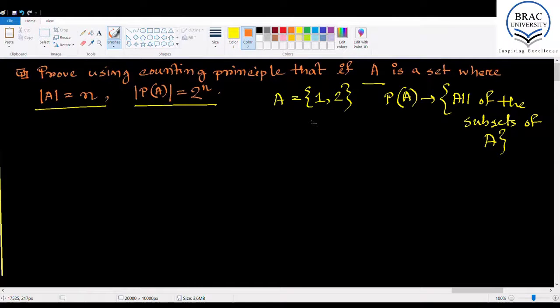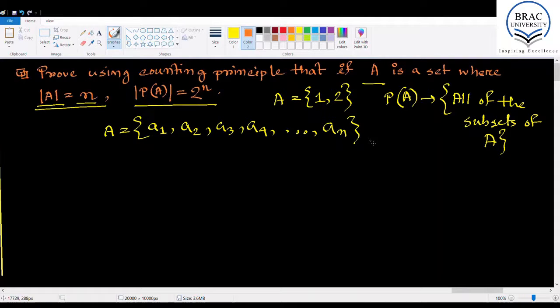Since the cardinality of A equals n, let's assume that set A has the elements A1, A2, A3, A4 up to An.